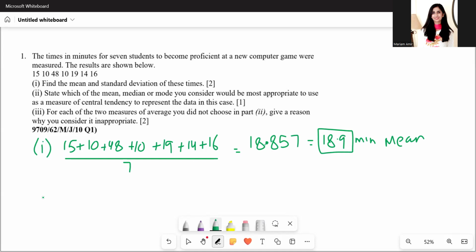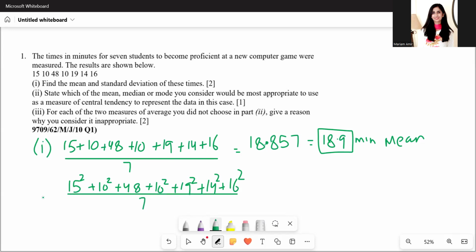Okay. Then they're asking for the standard deviation. For standard deviation, you square all these data values. Then we divide by 7, the total number of values. Then we subtract the square of the mean, but remember to use the unrounded value and try to use as many decimal places as possible.